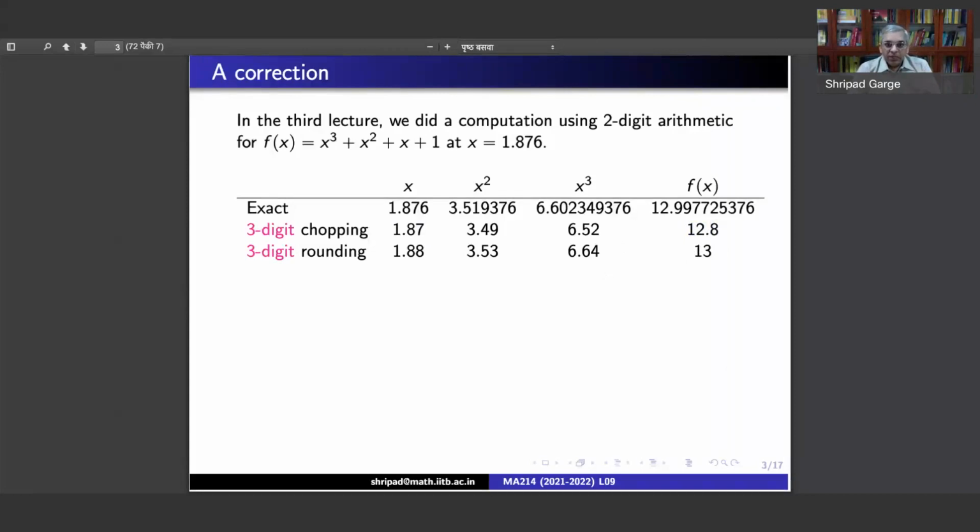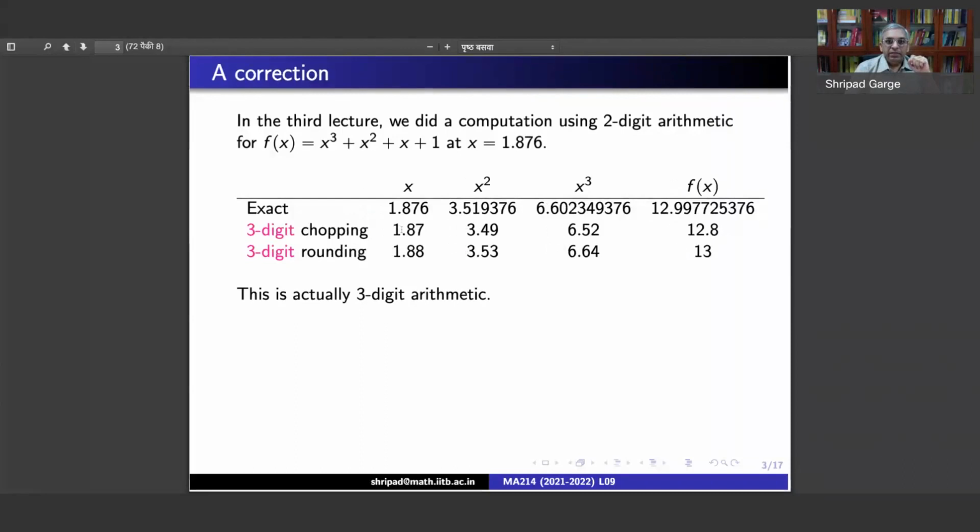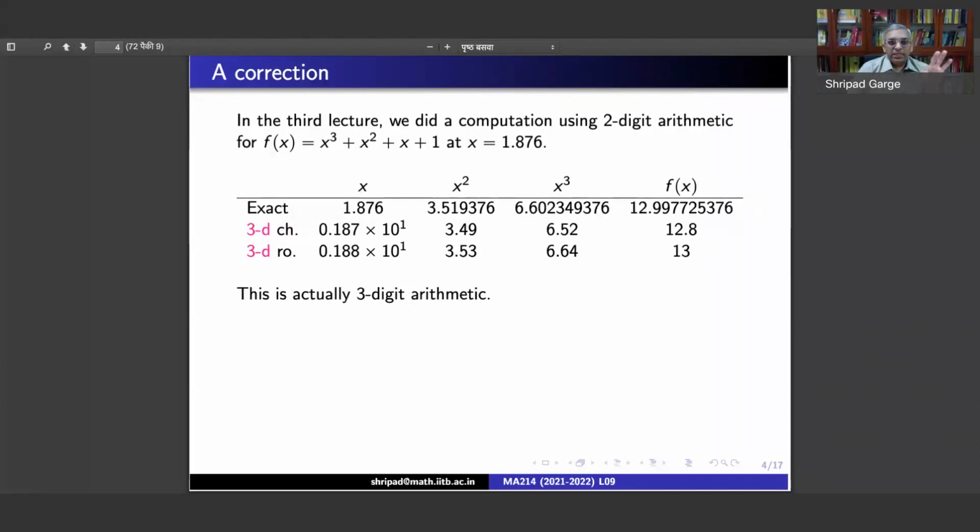And we will also modify these numbers and write them in the form that we have learned, and that will reduce the confusion to some length. Remember, this is 1.87 with the chopping and 1.88 with the rounding. So that will become 0.187 and 0.188.